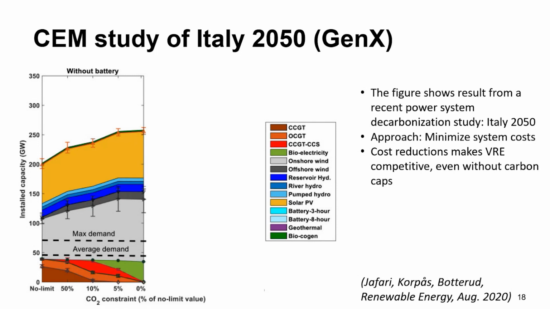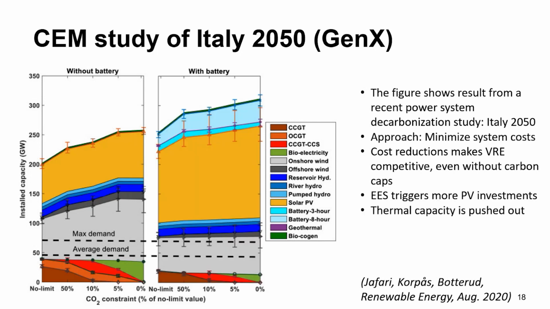So we assumed NREL projections for battery cost reductions for the next 10 years or so, and then ran the model again with battery as part of the investment alternatives. And we see here that the thermal generation, fossil generation, is now cut in half. It wasn't much before, and it's even less now.